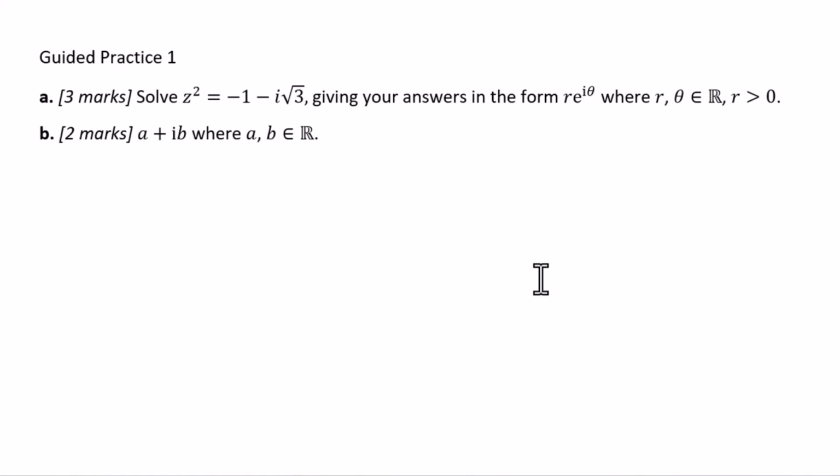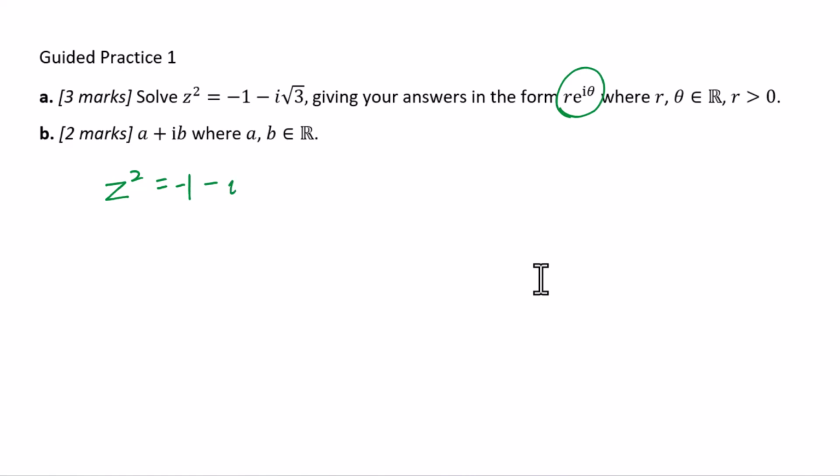Solve z squared equals -1 minus i square root of 3. Give your answer in the form of r e to the power i theta, where r and theta are real numbers, r is positive.